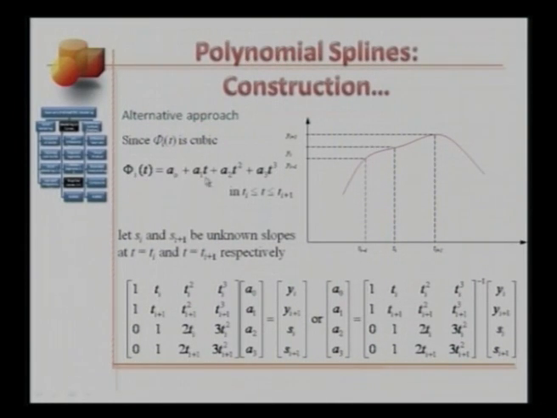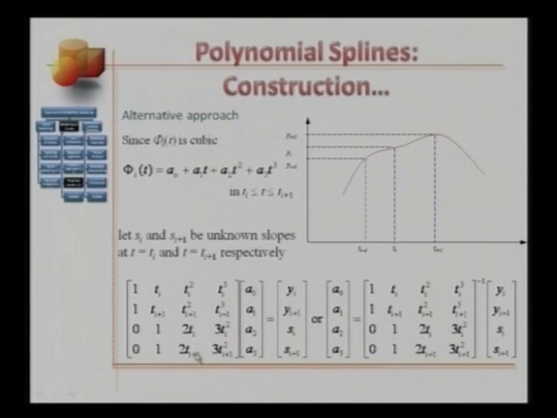If we differentiate this, we'll have a0, which is gone. We'll have a1 plus 2 a2 t plus 3 a3 t squared. If we substitute t equals t i, these two terms are 0 corresponding to the first coefficient a0. These two terms will be 1. We'll have a1 here.